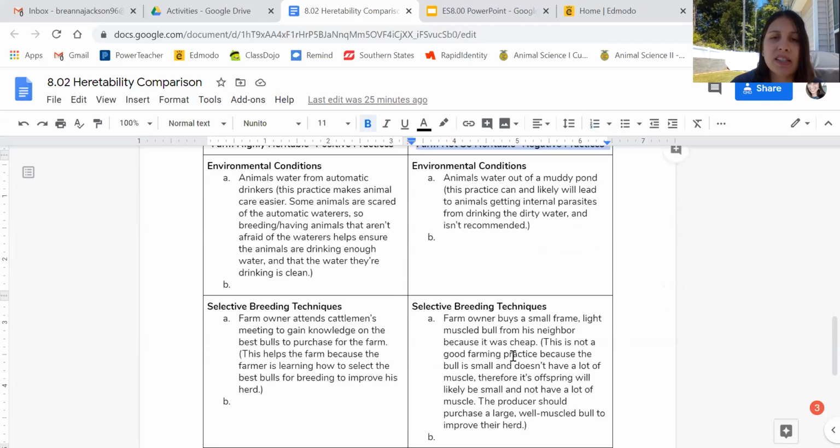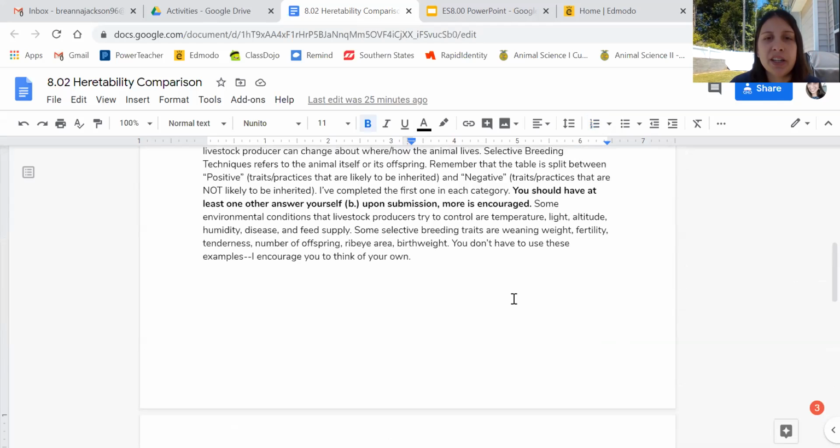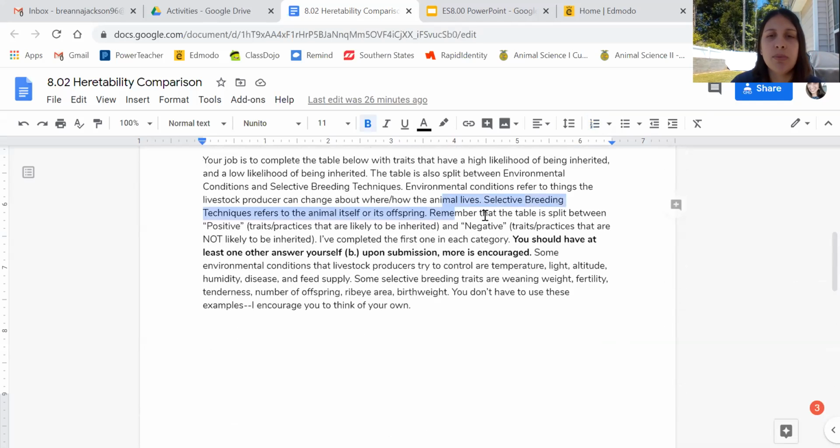Something that a farmer does that doesn't necessarily help out their animal. I'll scroll back up. The table is split between positive traits, so traits and practices that are likely to be inherited and likely to help the farm, and negative traits or practices that are not likely to be inherited or not likely to help the farm.